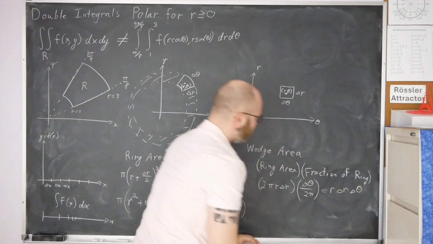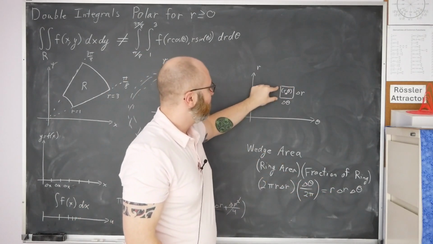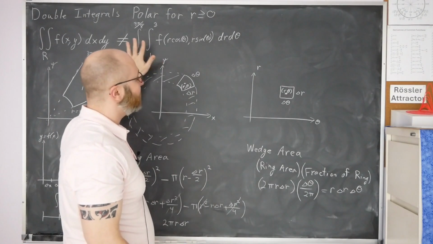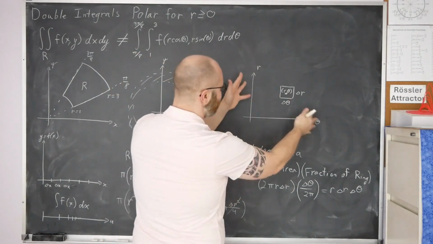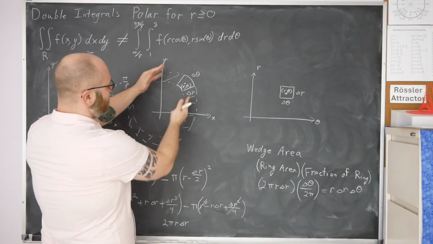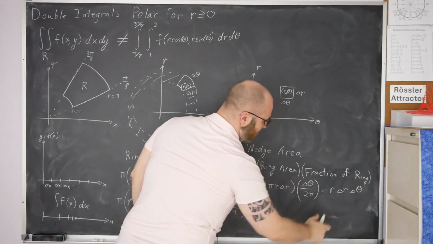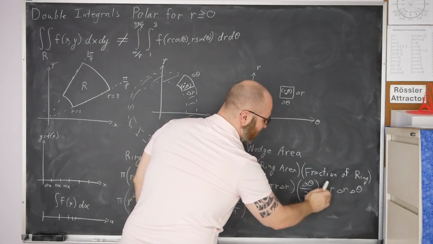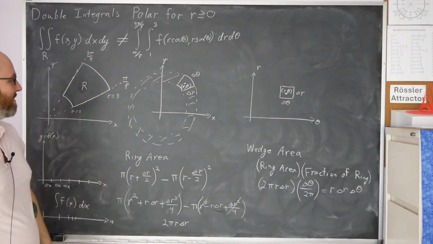So it looks like delta r delta theta is the area of this rectangle over here, because the double integral is interpreting r and theta in a rectangular coordinate system. But this wedge really had area r times delta r delta theta. So our scaling factor is really just that r there.